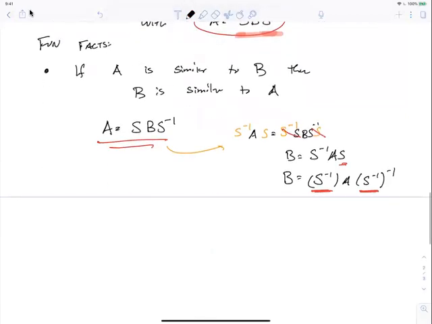Another thing that may seem very straightforward, but A is always similar to itself. We can do that because we choose S if there is an S. So we can just choose S to be the identity.